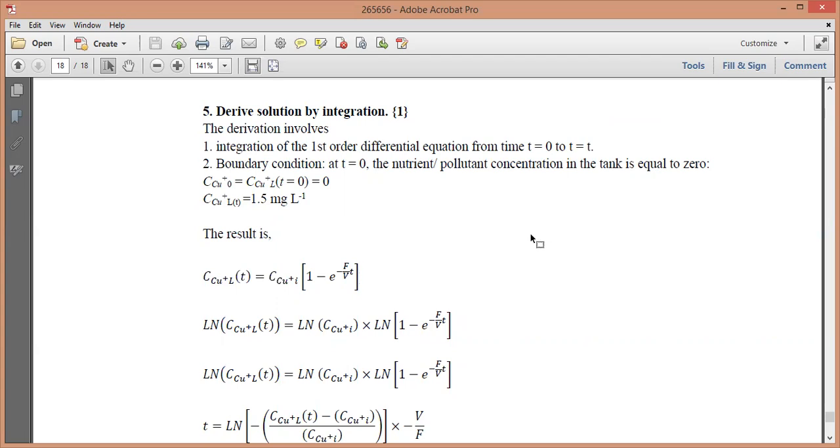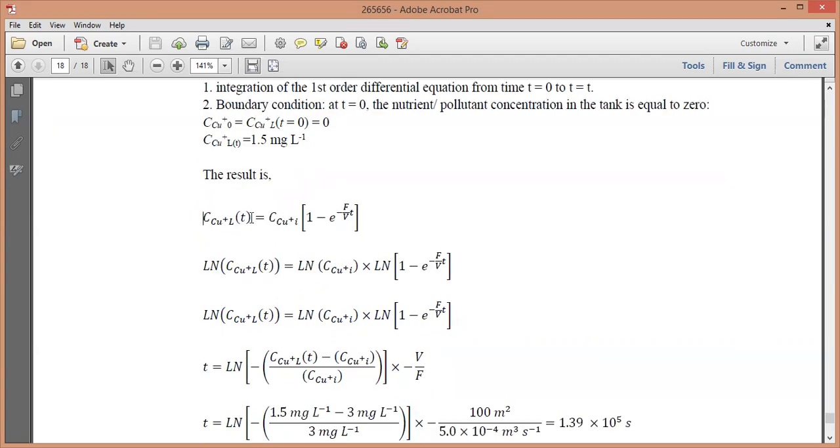The time it would take to achieve a 1.5 milligrams per liter concentration in the reactor. From this equation, where is our time? Our time is here, isn't it? So we need to make this the subject of the formula.